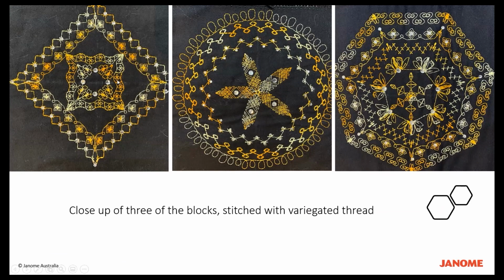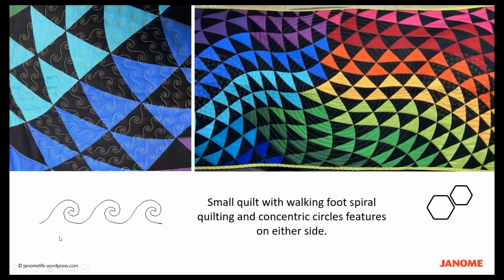So we've put the little crystals glued on there, to create a different look. Here is a quilt. So on this quilt, it has been spiral quilted with a walking foot throughout the center, and then on either side they've done a design, and this utilizes this little wave pattern, and that's been done in different size circles.